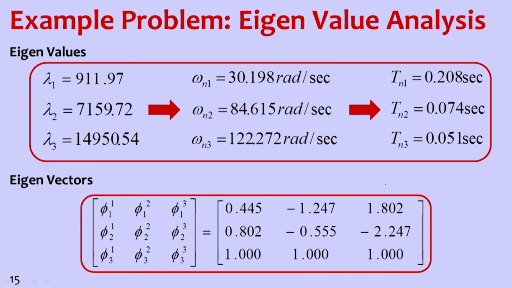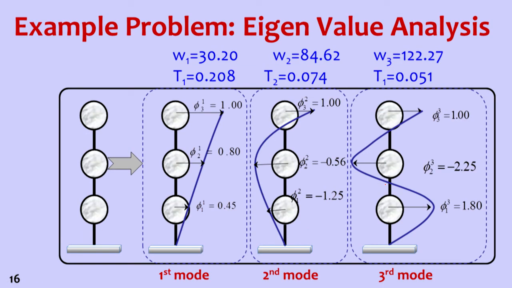If we represent all these 3 in the same place, this is the total idealized mass of the building, the idealized building. The first mode is represented like this, the second mode, and the third mode. Usually if the top value is normalized to 1, it has its advantages.